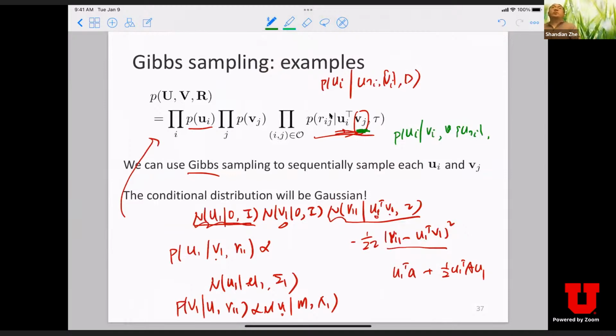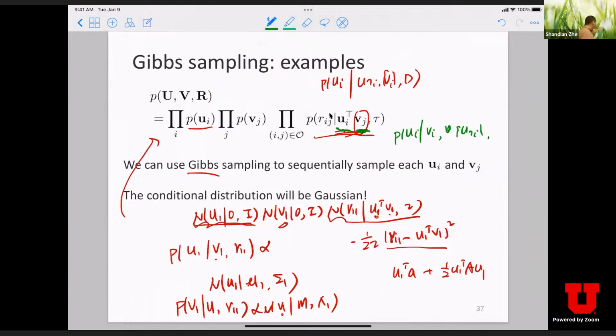Then if you look at this conditional distribution, it's just a multiplication of a set of Gaussians, right? The exponent is just a set of linear transformations of the user representation. If you merge them together, it will still be a Gaussian. You can check it by deriving it yourself.